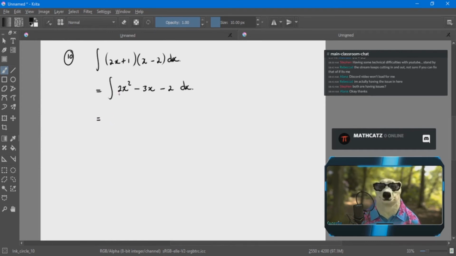So the antiderivative for 2x squared is going to be, keep the 2 in front, x cubed with a 1/3 correction. Make sure that dot is nice and clear. It's not 2 1/3, it's 2 times 1/3. Minus 3 stays in front. X squared is needed with a 1/2 correction. Then another minus. That one will be 2x.